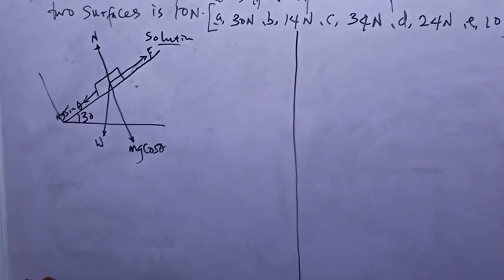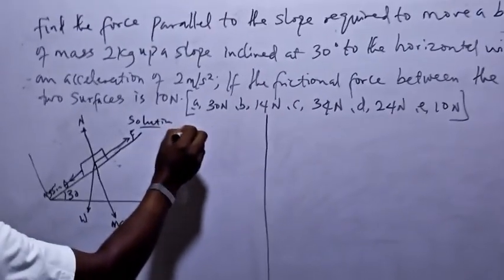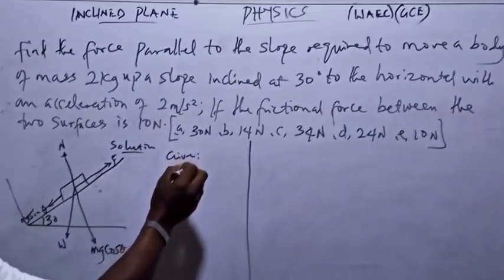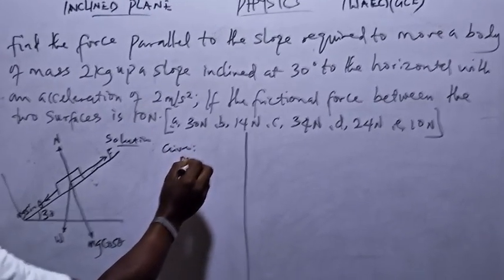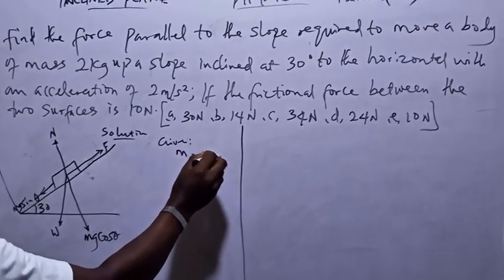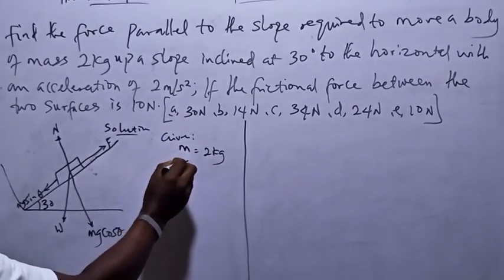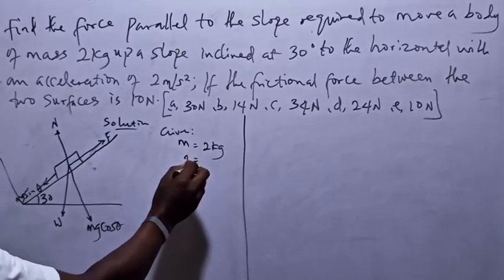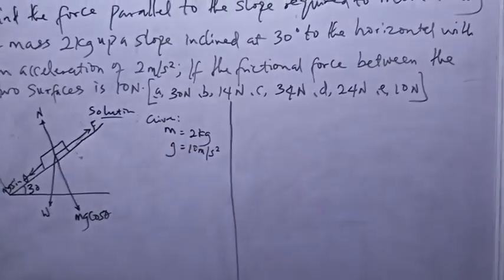Now, what are we given? We have the mass to be 2 kg. We also have acceleration due to gravity to be 10 meters per second squared.